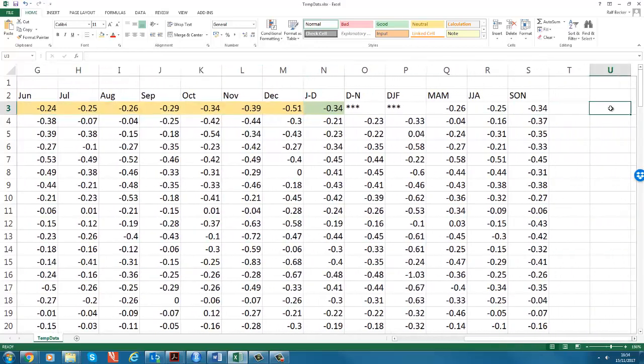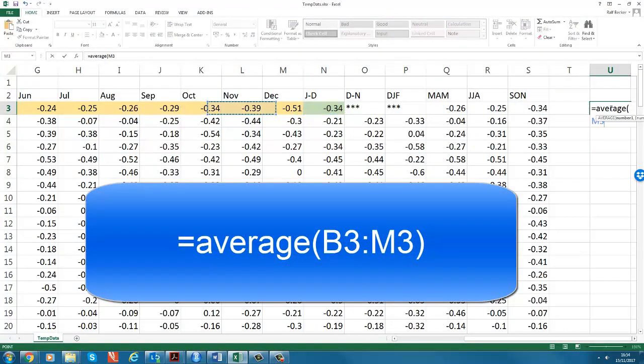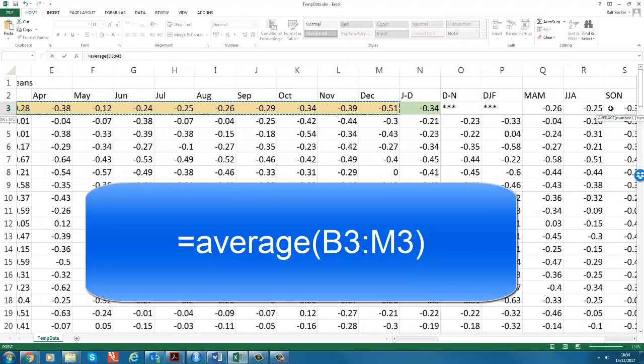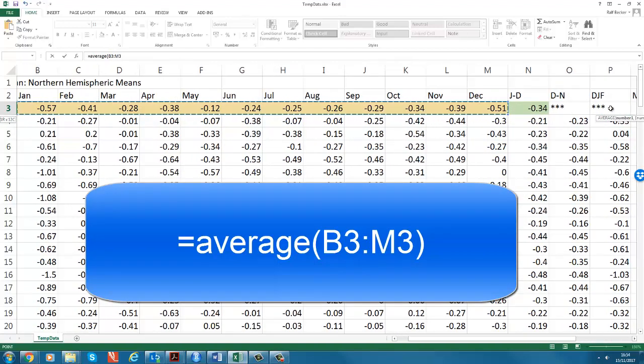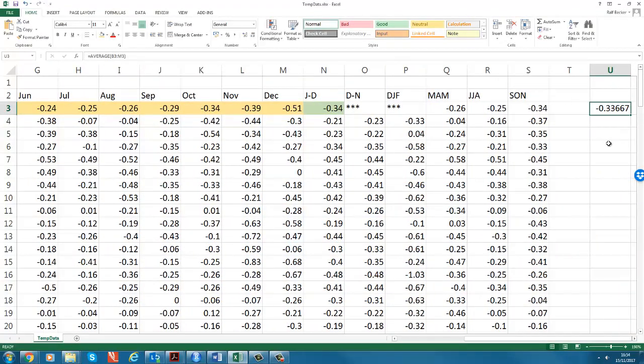So we will again use our average function, and we highlight all these 12 months. We close the parenthesis, and we see we get negative 0.33667, which rounded is negative 0.34.